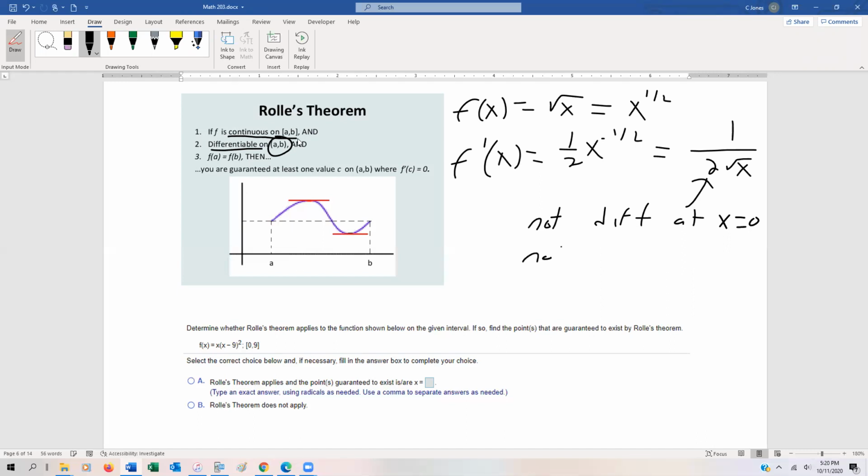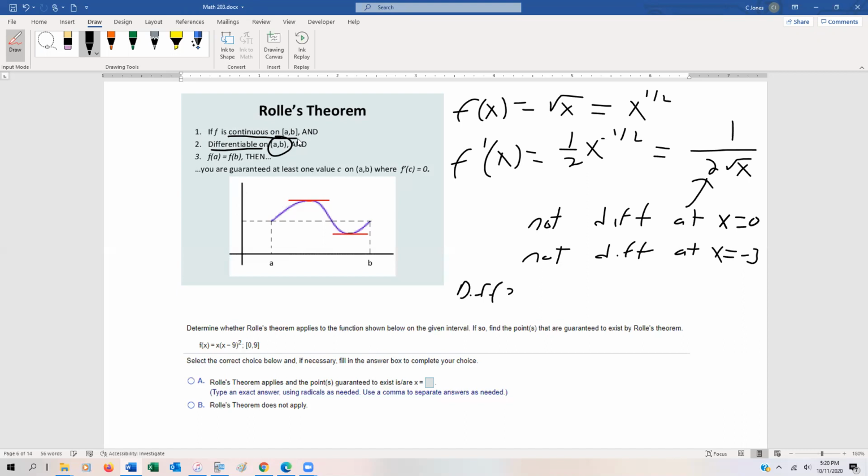We know that this function is not differentiable at x equals -3 because you can't plug a negative value into a square root, right? So when we talk about the idea of differentiability, we're really just looking at the domain of the derivative. That's probably the easiest way to think about it.